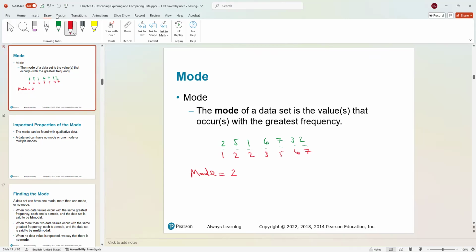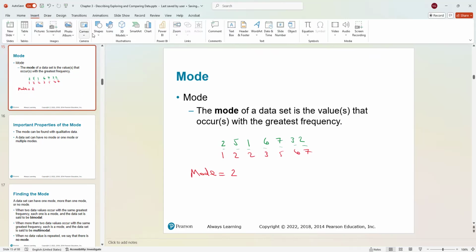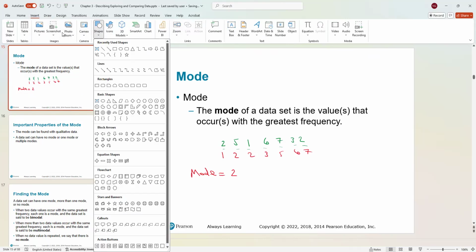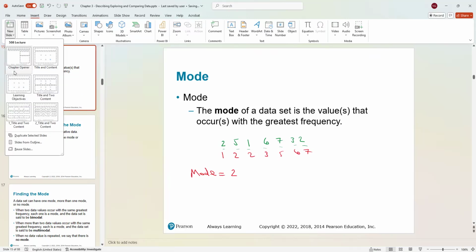So what you need to see so far is what I did with that data set. I'm going to include this slide.